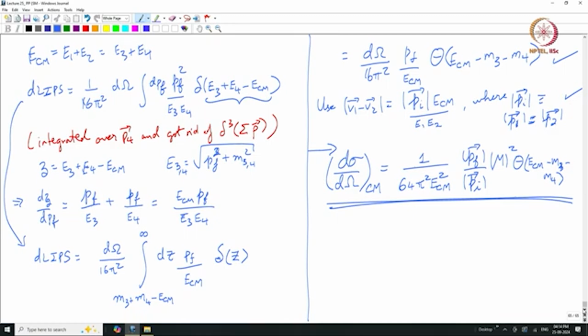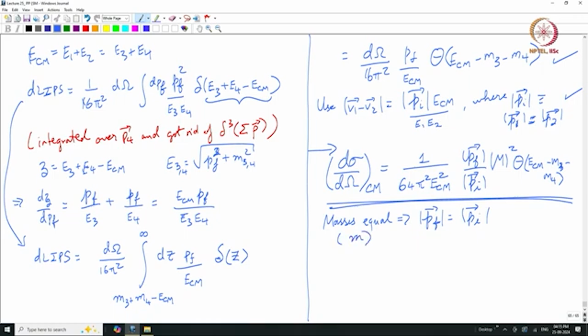Okay. Now, let us take one special case, a fun case, which is if the masses are equal. So, I will write this down and then wrap up the lecture. Okay. If the masses are equal, it just means what? The initial momentum is the same as the final momentum now. Correct? So, let us call the masses m.